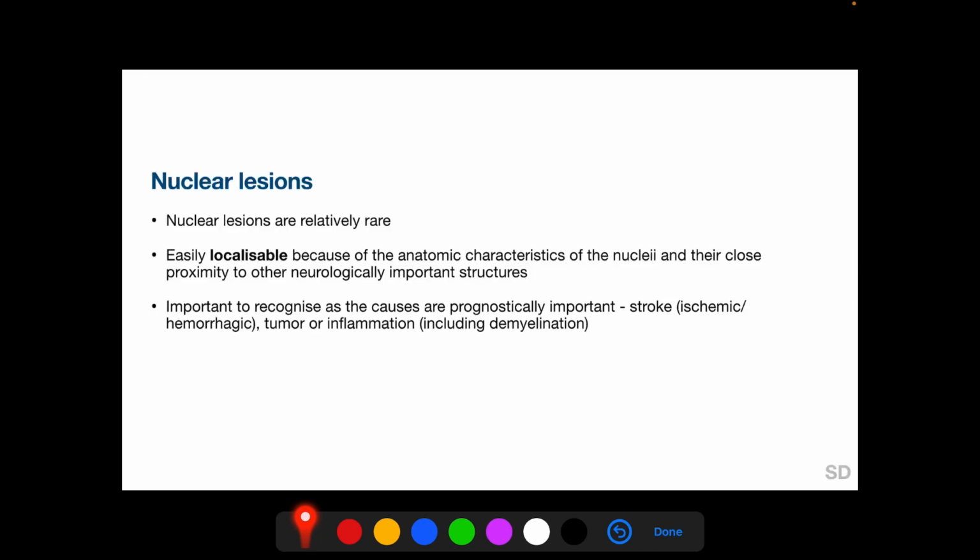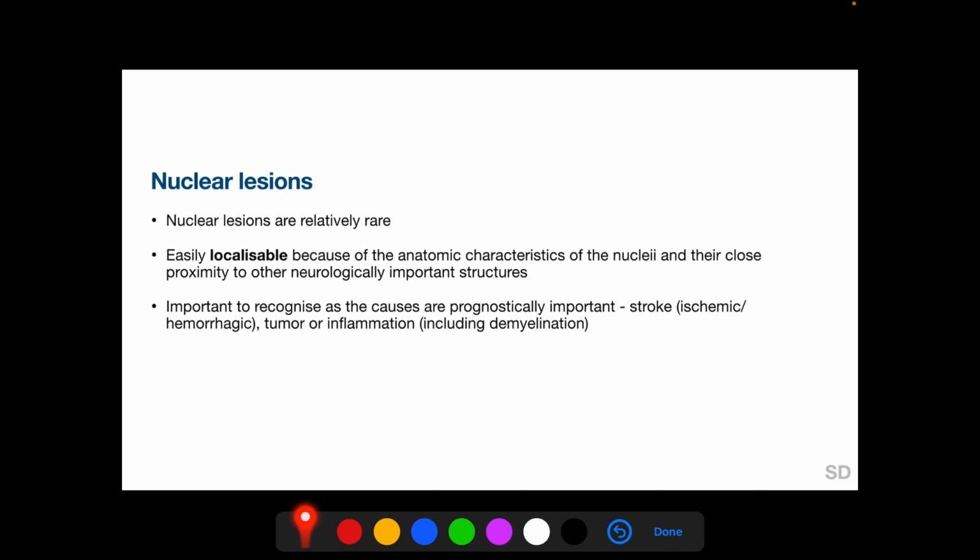Nuclear lesions of the ocular motor nerves are relatively rare when compared to lesions in the extraaxial portion of the ocular motor nerves in the subarachnoid space. However, nuclear lesions are easily localizable because of the anatomic characteristics of the nuclei, and the close proximity of the nuclei of the oculomotor nerves to other neurologically important structures.